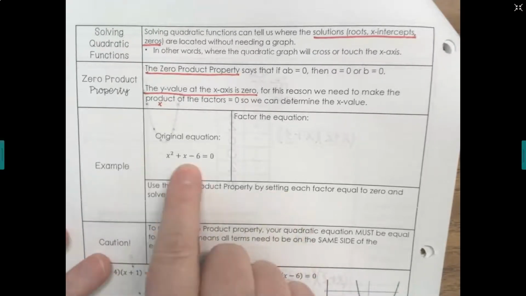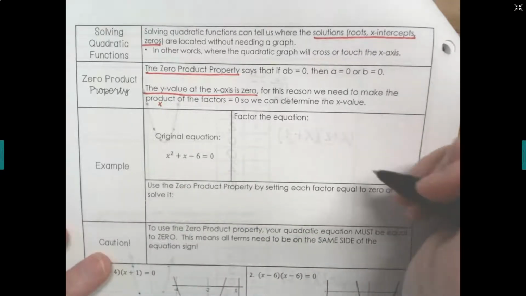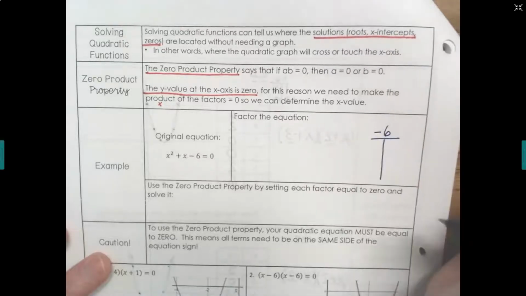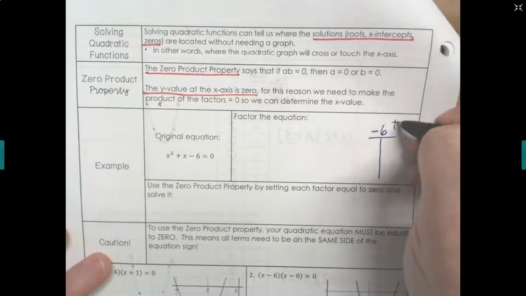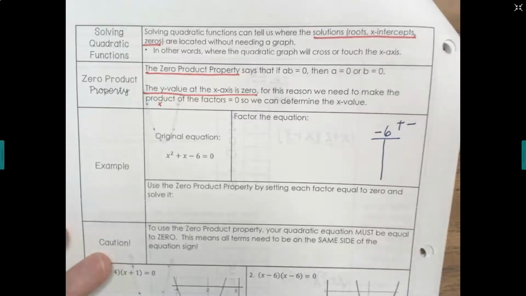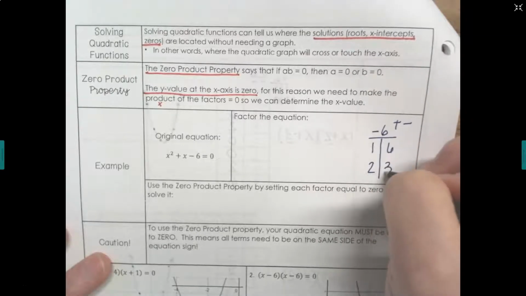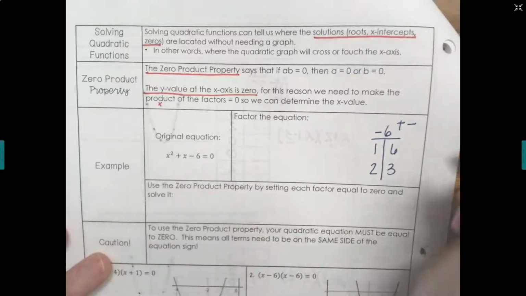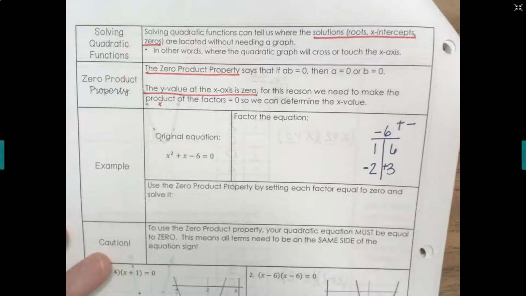So first, let's start with this equation, and we're going to factor it. So a is 1, so I just need to look at what multiplies to -6 but adds to +1. If it's multiplying to a negative, that means my signs are opposite. And we have 1 and 6 and 2 and 3. So for opposite signs to add to a +1, this is going to have to be a +3, and that will be a -2.